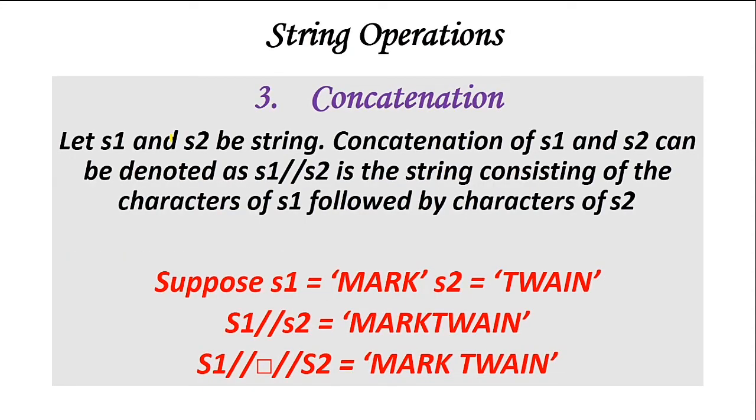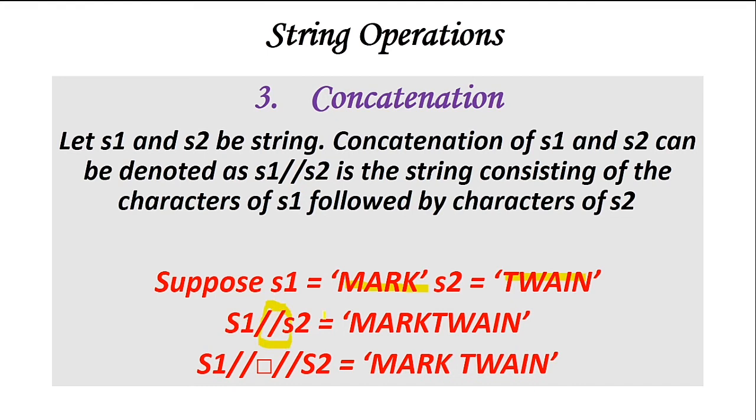Next operation is concatenation. You have already come across this concept, where if you have two different strings, say S1 and S2, then concatenation, in the sense, you are going to merge those two strings together. Suppose S1 is Mark and S2 is Twine. So what this symbol represents is concatenation.